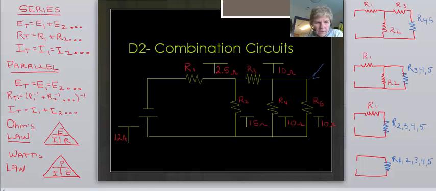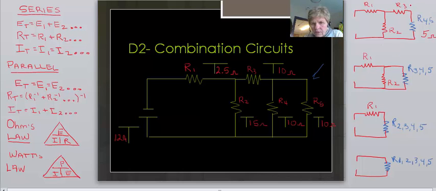So to do that, I'd have to go over here and look at my parallel circuit rules, and to reduce R4 and 5, I'd go 10 to the negative 1 plus 10 to the negative 1 and inverse that, so to the negative 1 one more time. So that value over here would actually be 5 ohms for R4, 5.